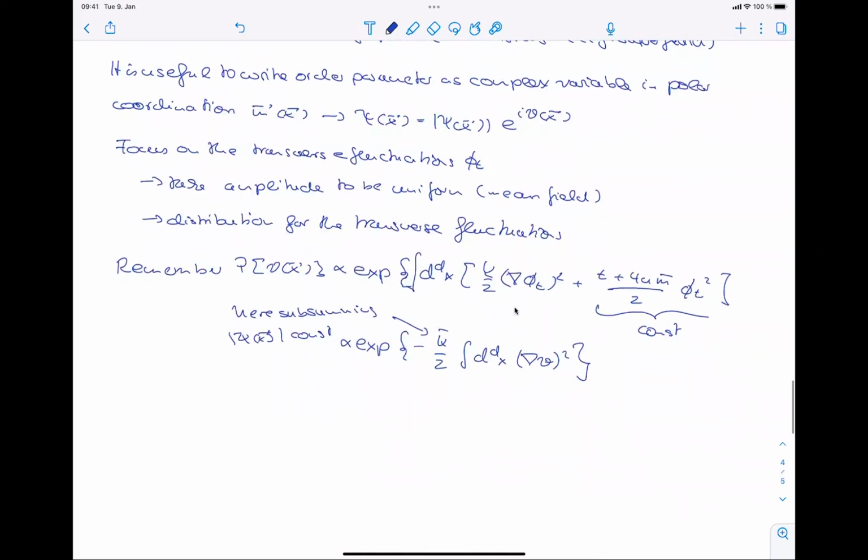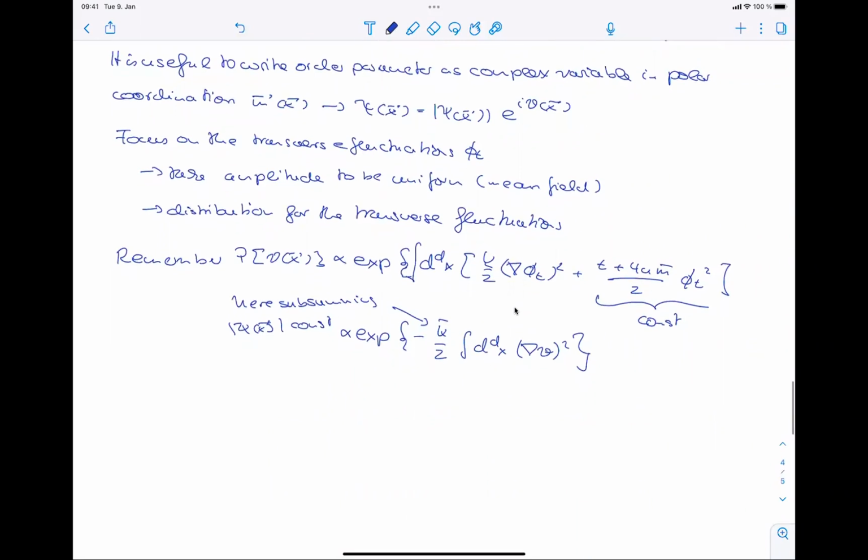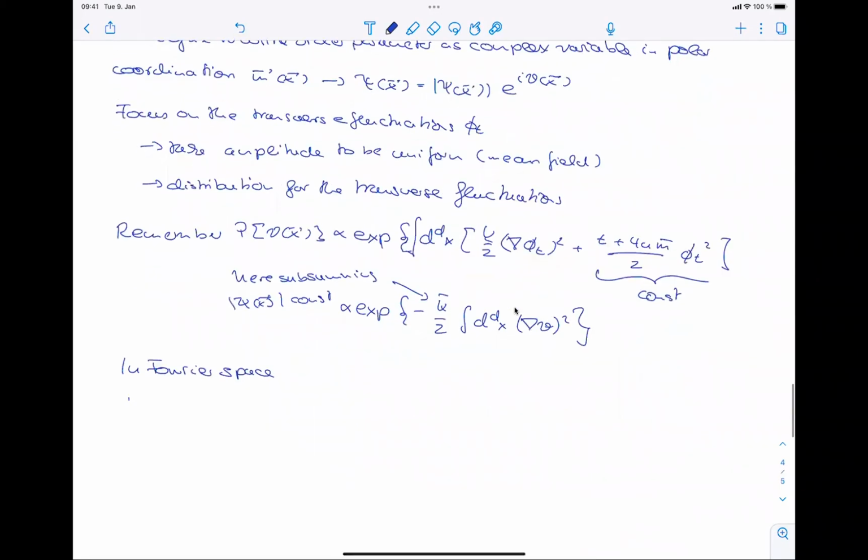And so the way to deal with this, to understand now the correlations of these polar angles, is again to go into Fourier space. So if you go into Fourier space, we already know that what we find is that now the thetas become, again, Gaussian independent variables, summing over all q's.